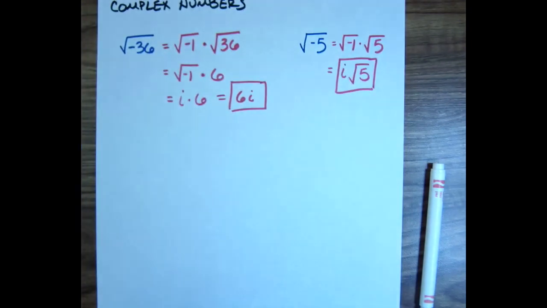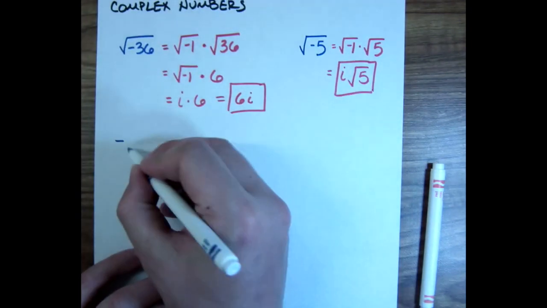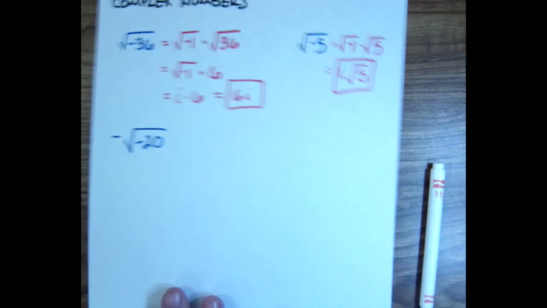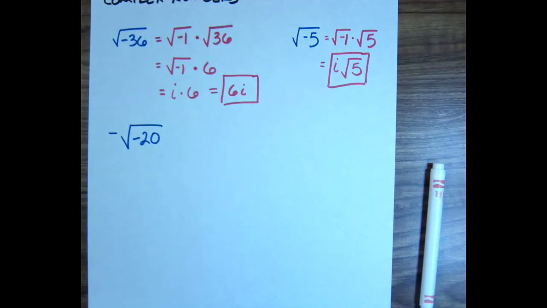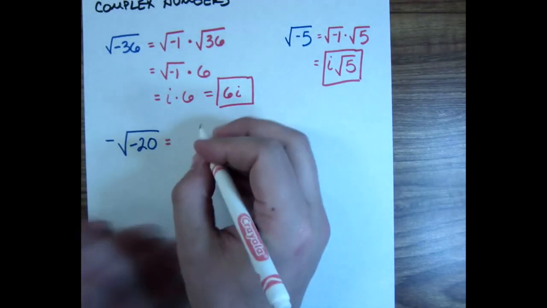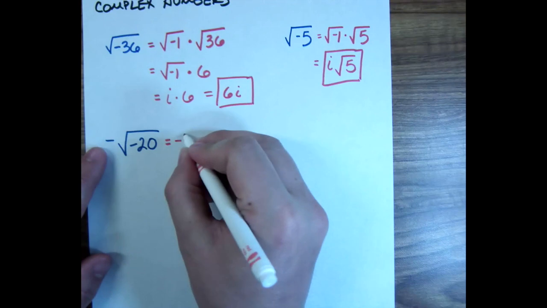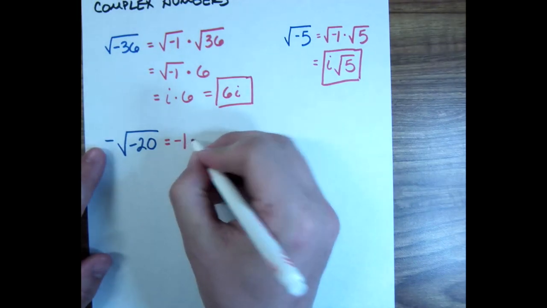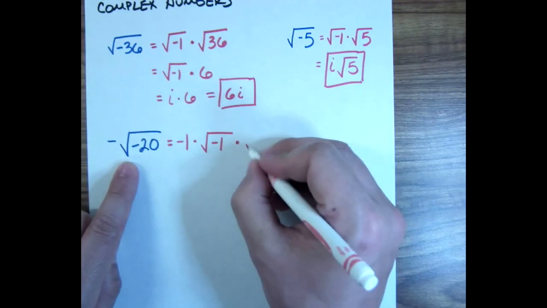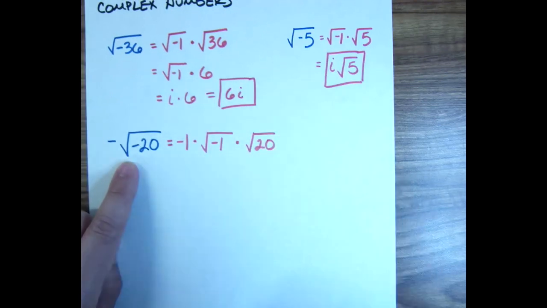Okay, you want to see something really upsetting? Negative square root of -20. Does that make it positive? It does not. So the negative is a -1 times, and then we separate this: the square root of -1 times the square root of 20.